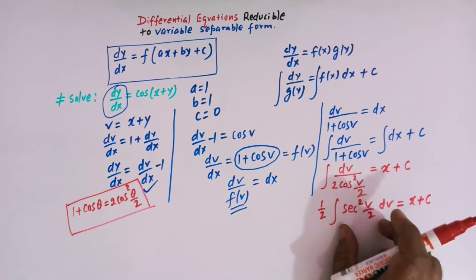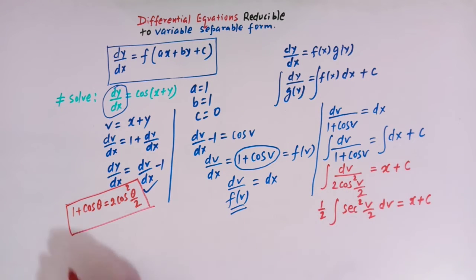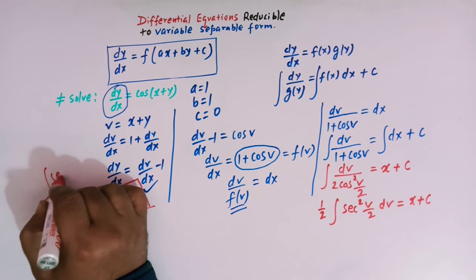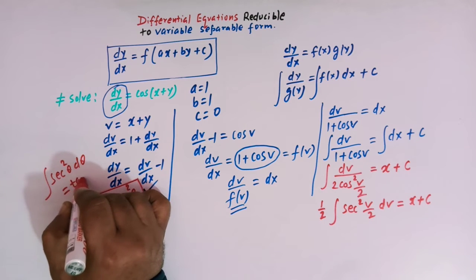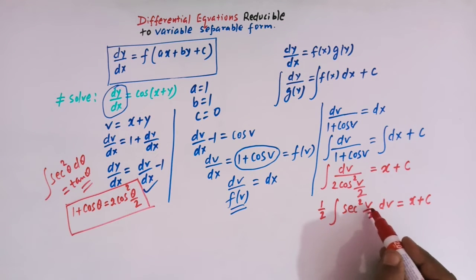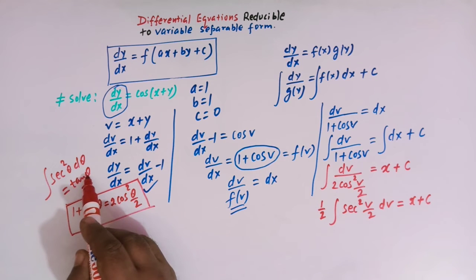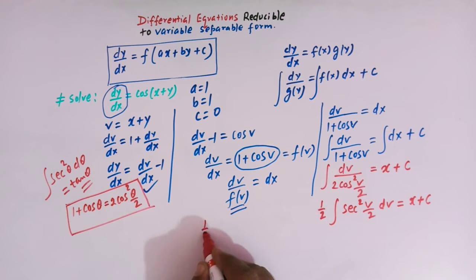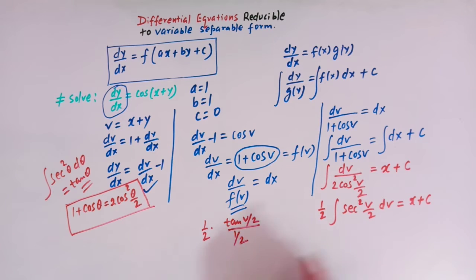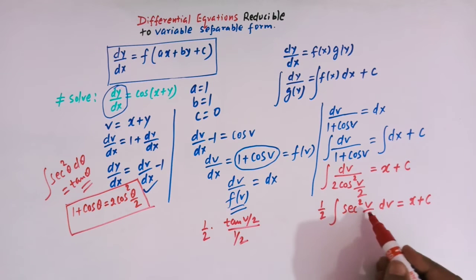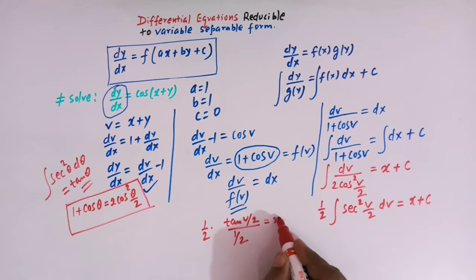Again we have a standard integral, and we know that the integral of secant square theta is equal to tan theta. Here we have v over 2 for the angle theta. So we will write half, and then we have tan v over 2 divided by half, that is, we divide the tangent of v over 2 by the coefficient of v here, which is half, and here we have x plus c.